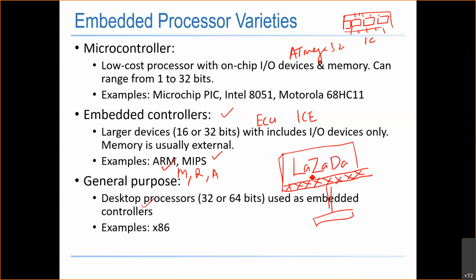You want to have a controller for driving the LEDs and stuff like that. If you want to use a general purpose processor, it's also possible. You can just use the processor available off the shelf, such as the Core i3 or the AMD processor for your application. So it really depends on what kind of application you are targeting.